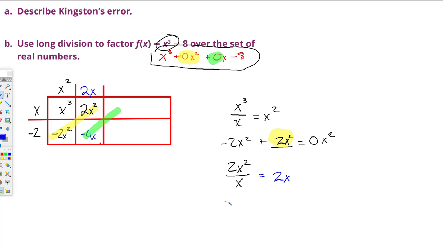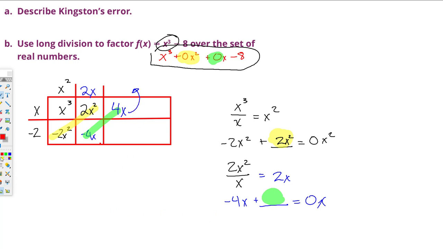And so negative 4x plus something is equal to 0x. What is that something? What would I need to add to negative 4x? 4x. How would I find the number above?